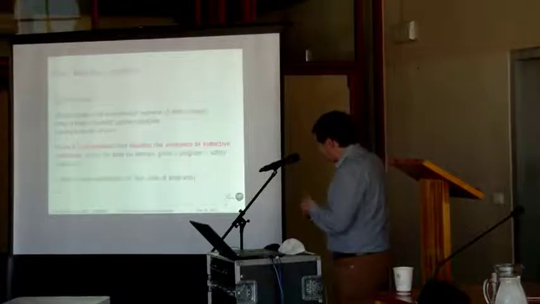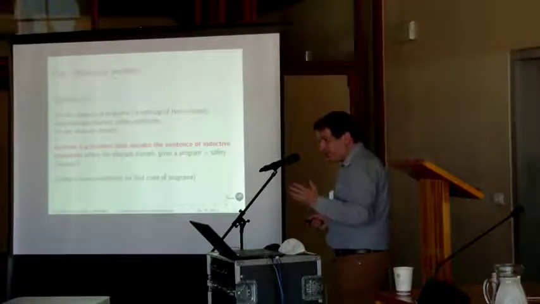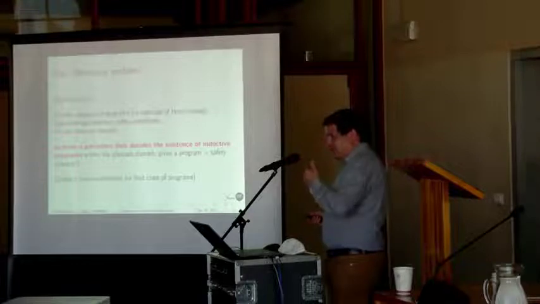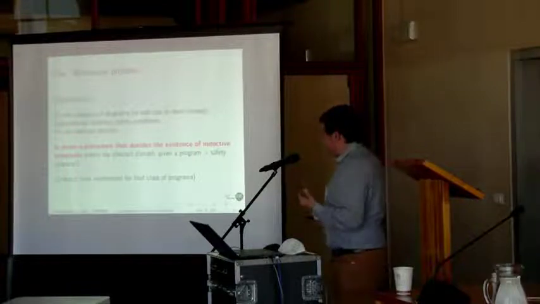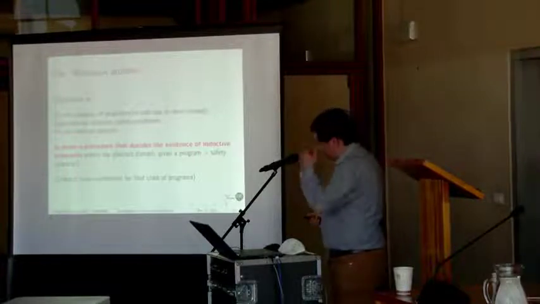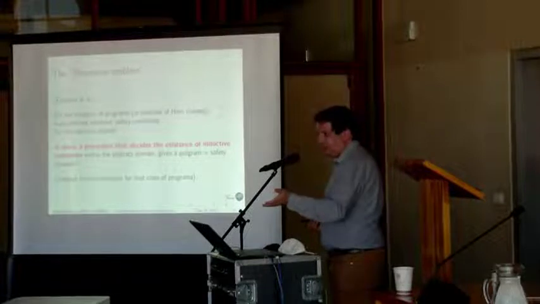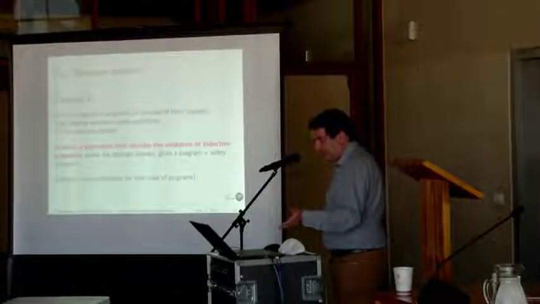And then to my surprise, Fijalkow and others called that the Monniaux problem, and they tried to prove that it was impossible to do it with the polyhedra, but they couldn't do it either.